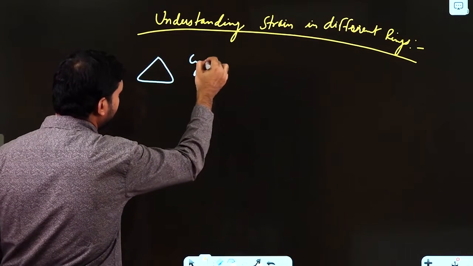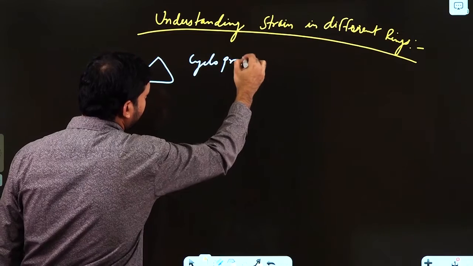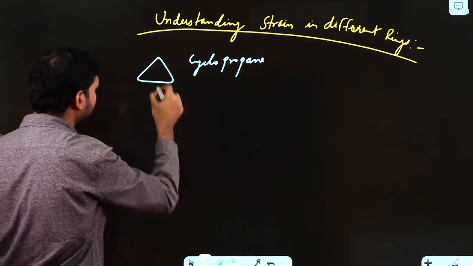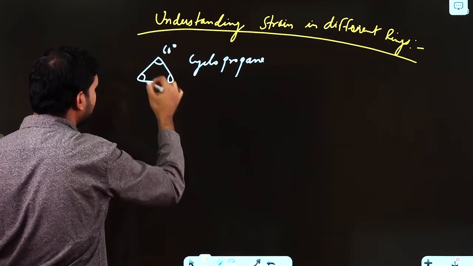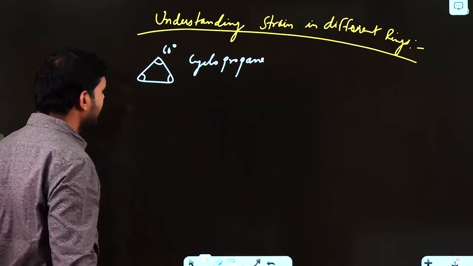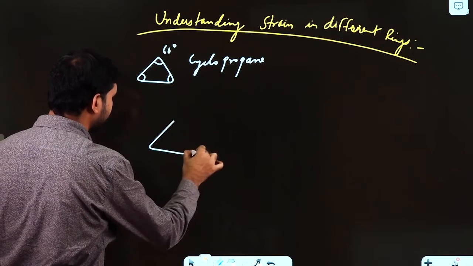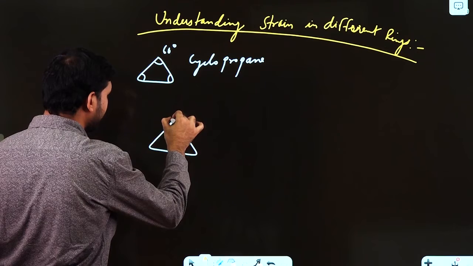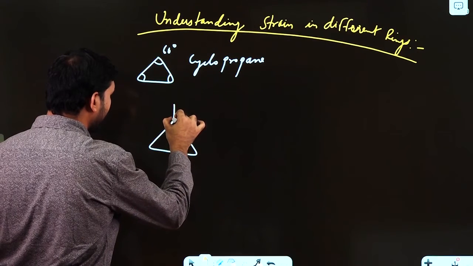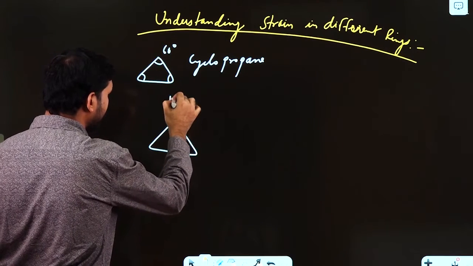This is your cyclopropane, okay? This interior angle here is 60 degrees. All three angles are congruent, all three sides are equal, right? So on this V shape side, it must have two hydrogens, right?